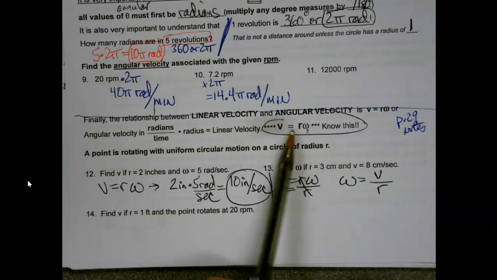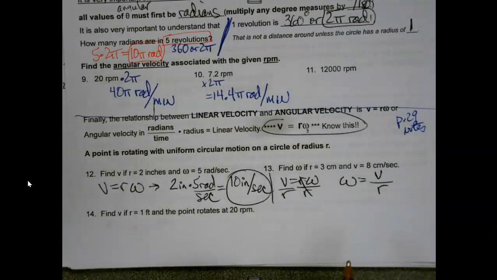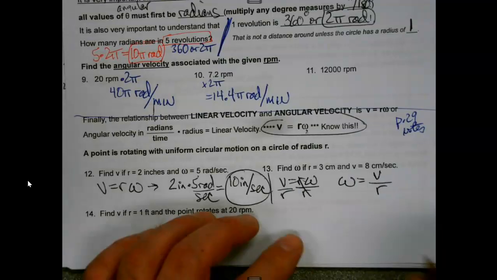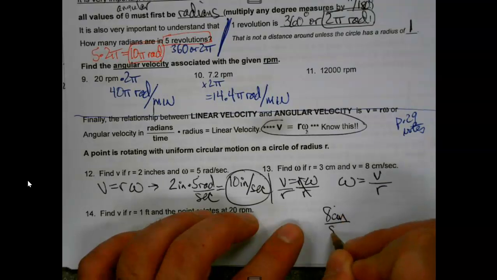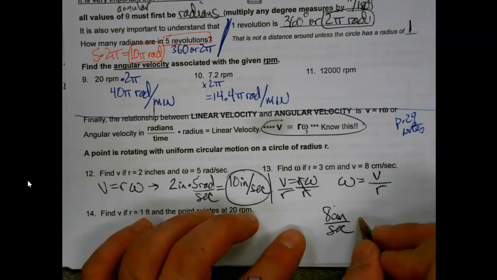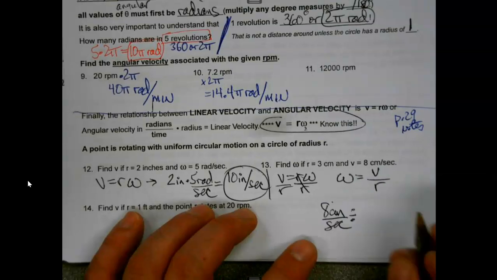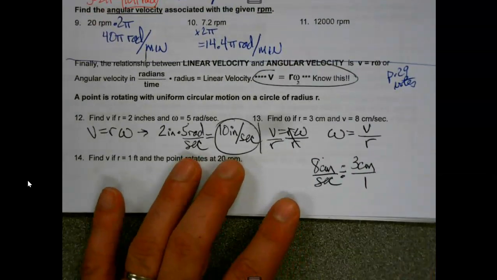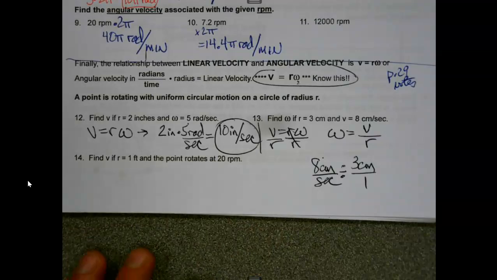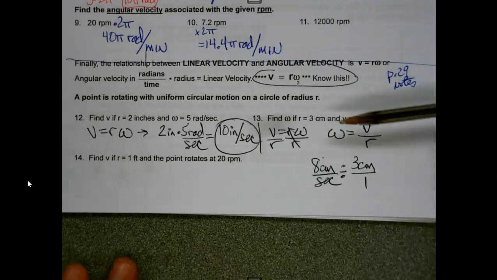Now, could I stick them just both in there and do algebra? I could. I just like being able to plug and go. So we've got linear velocity, 8 centimeters per second, and we're dividing by r, which is 3 centimeters. If you want to skip this step because you know what's coming, that's fine. But if you're not sure, I think this is a good method to go. Do not try to do this vertically.